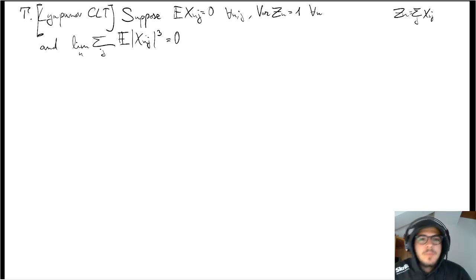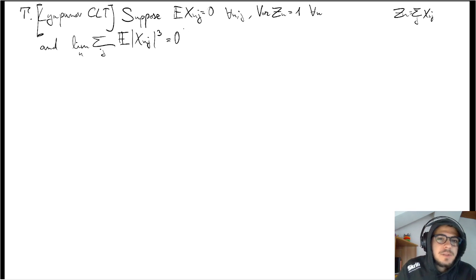So the expectation of each random variable in the triangular array is 0, the variance of each row is 1, and the limit of the sum of the expectations of the cube is 0.